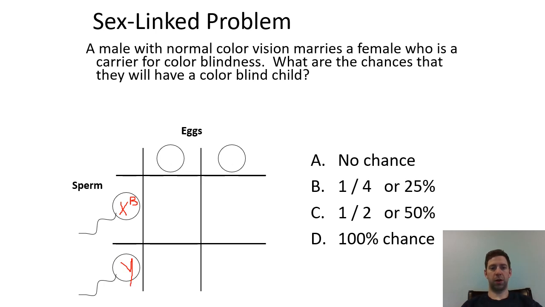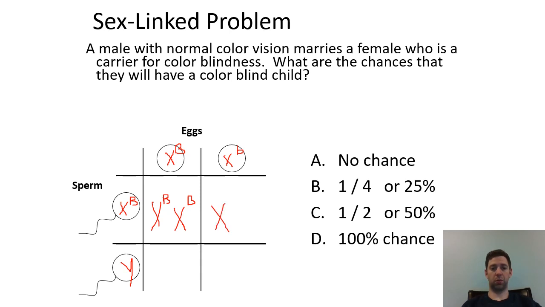We have a female who is a carrier. What are the chances they have a colorblind child? So here we're not looking at just male or female, we're looking at colorblind child in general. So this girl is homozygous dominant.